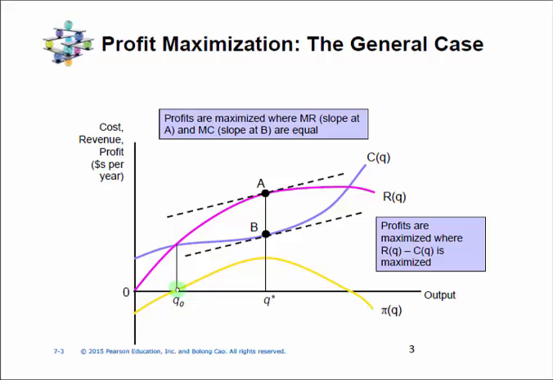Now let's look at what makes the marginal profit in this portion between Q0 and Q star positive but declining. What's going on is that the revenue, when you sell more and more, is increasing. You have more and more revenue, but it's still getting flatter.